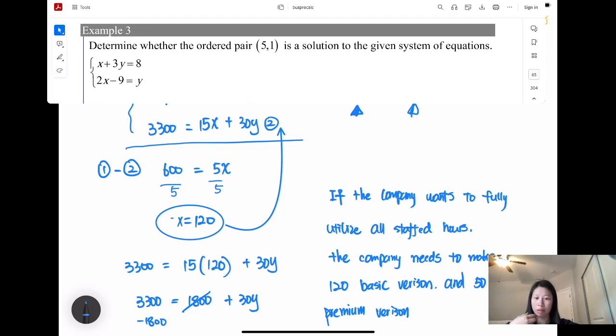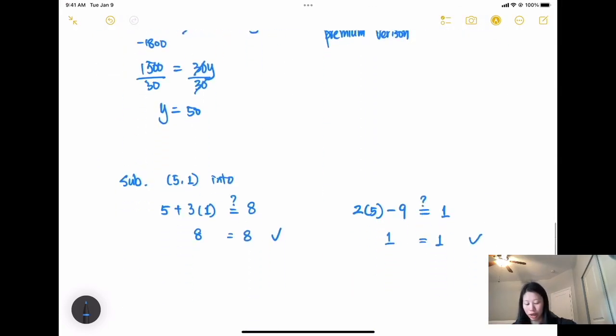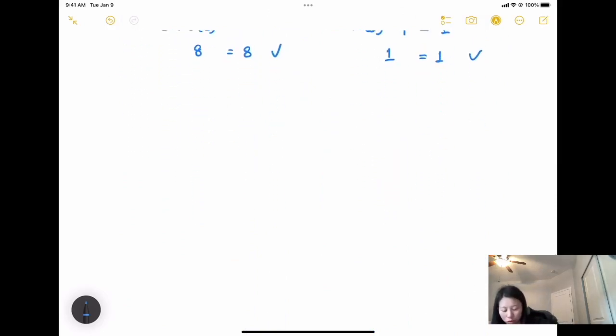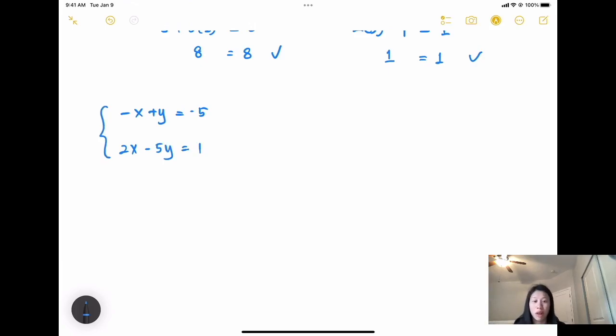So, for example, if I give you a system of linear equations, negative x plus 5y equals negative 5, 2x minus 5y equals 1, and I want you to solve it by substitution. What do we do? This is equal to negative 5.